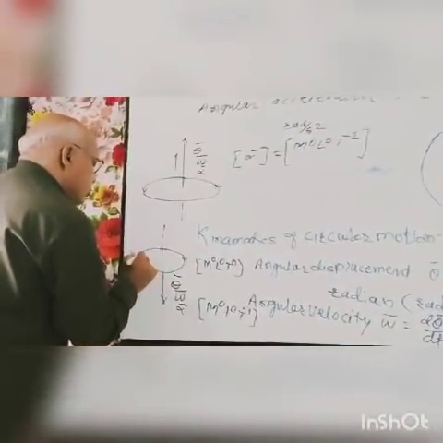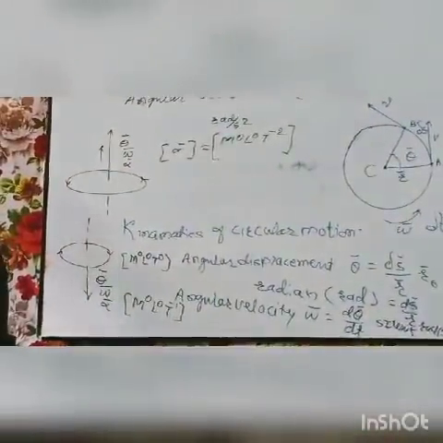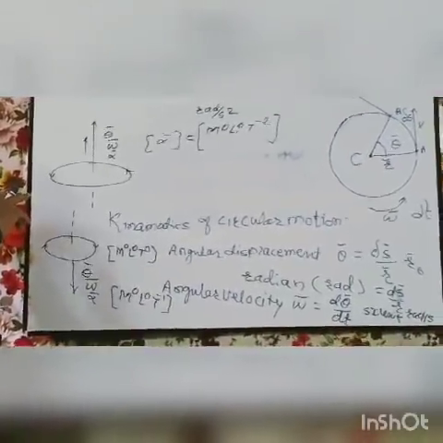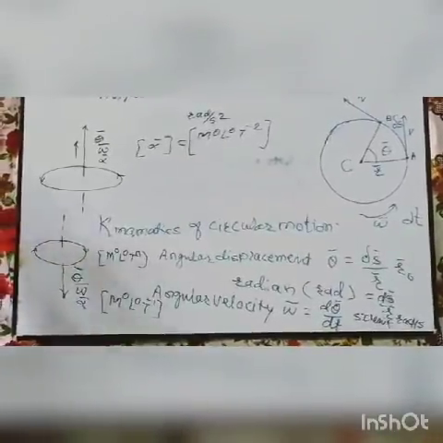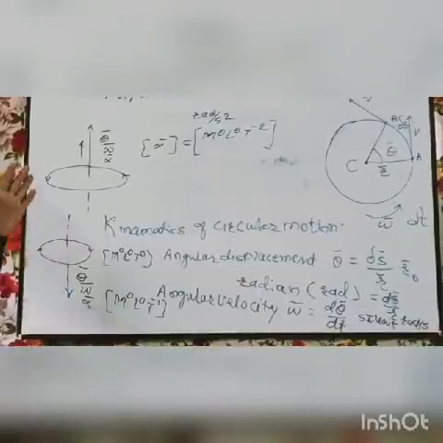In this case, the object is rotating in clockwise direction. So depending upon the sense of rotation of the object, the direction of the vector is going to change.